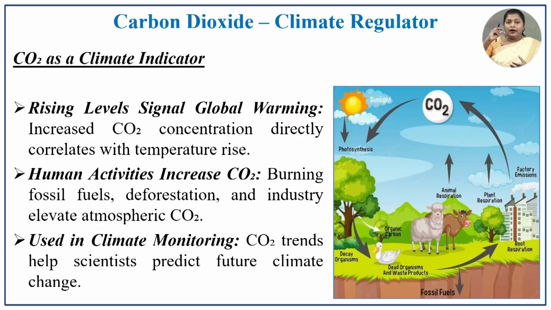There will be a rise in temperature, and human activities, such as burning of fossil fuel, deforestation and industrial emissions and pollutants, all these will be the major cause for the carbon dioxide in the atmosphere. It is used as one of the climate monitoring factors, that is, it helps scientists to predict the future climate changes.